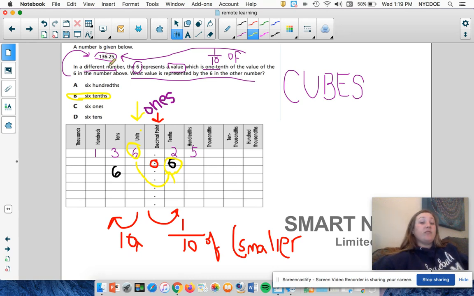Now recheck your work, see the answer that was released to you, and look at the number that you picked. If you picked 6/10, which is D, you looked at the value of the unknown number as being 10 times greater than the 6. We were looking for 1/10 smaller than the given digit. Okay? Okay, moving on.